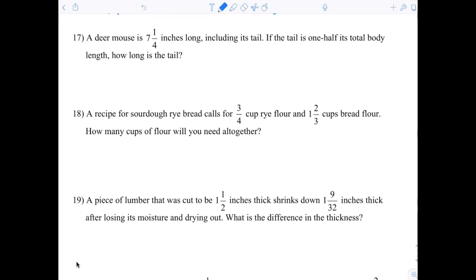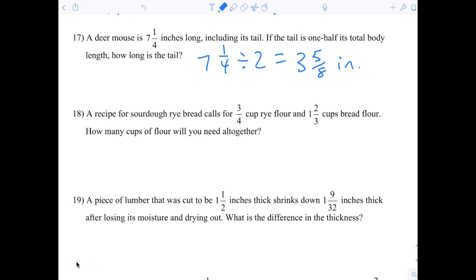All right, Ava, I'll let you help me. Exactly right. 7 1/4 divided by 2 is equal to 3 5/8 what though? Inches. 3 5/8 inches. All right.